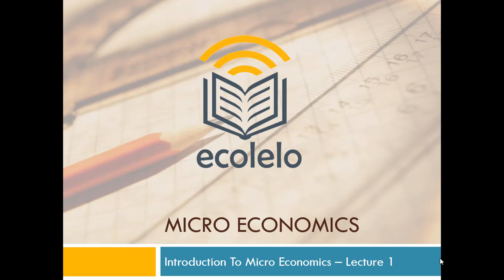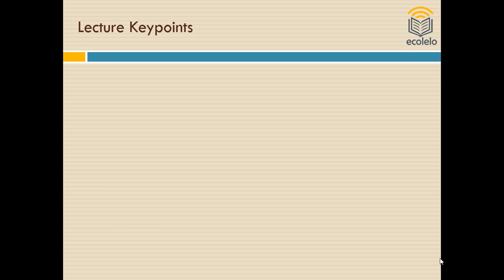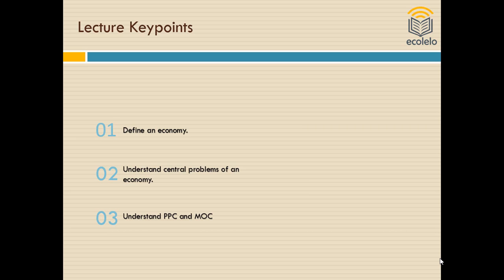Okay, let's go ahead. Now, what are the lecture keynotes of lecture 1? We are going to define an economy first of all. Then we are going to understand what the central problems of an economy are. Every economy, whether it is a developed economy or an underdeveloped economy, faces central problems, so we are going to see what those problems are. Next, we are going to understand PPC and MOC.